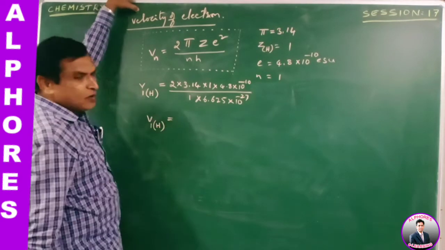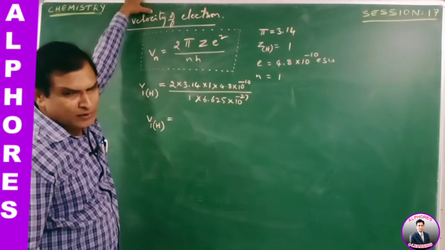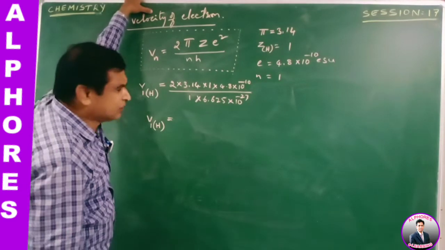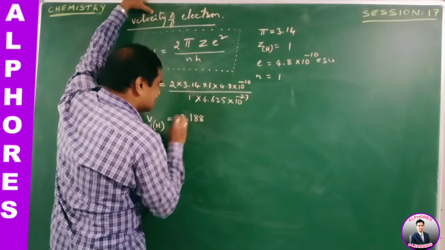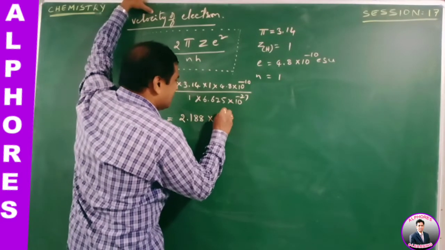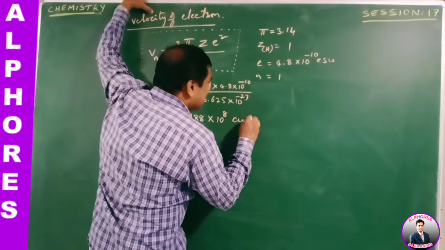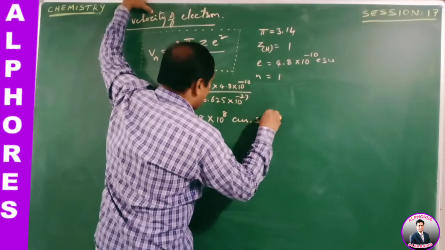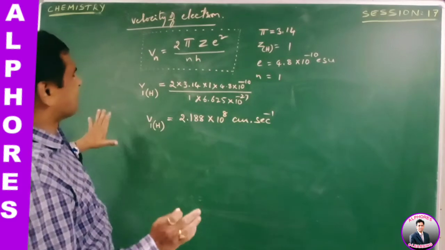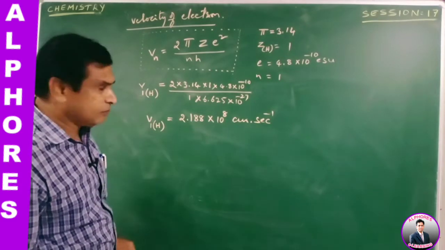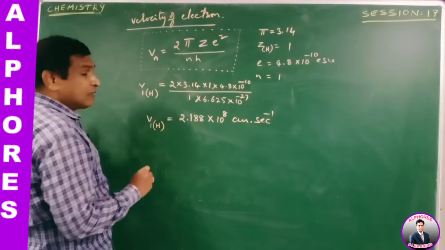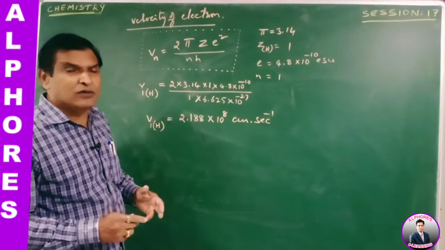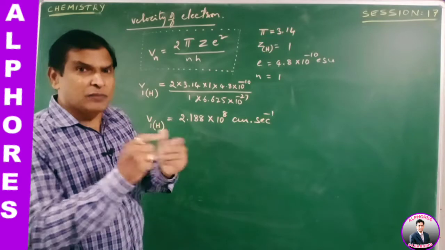So the velocity of the electron in the first orbit of hydrogen atom is 2.188 into 10 to the power 8 centimeters per second. Okay, the first orbit of hydrogen atom is this much. Then, sir, I want to calculate the velocity of the electron in the second orbit of hydrogen atom.